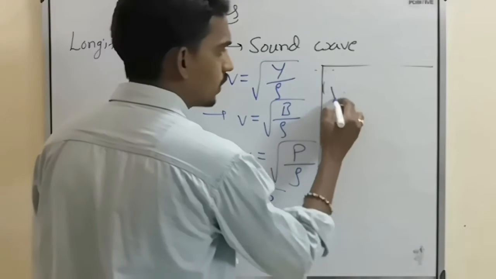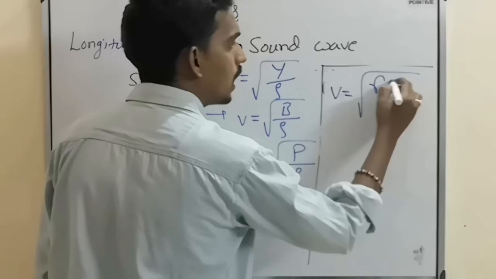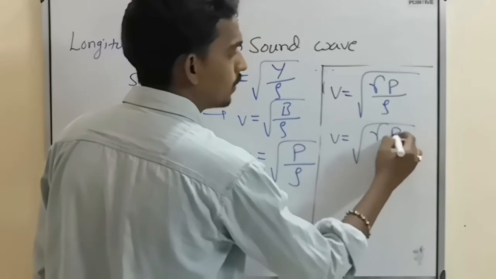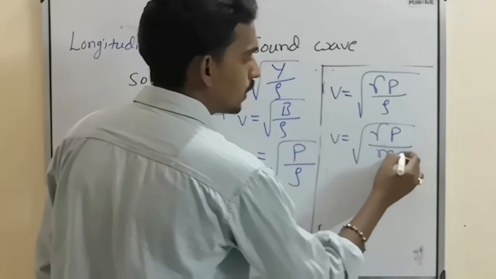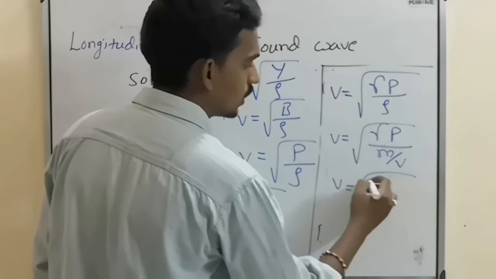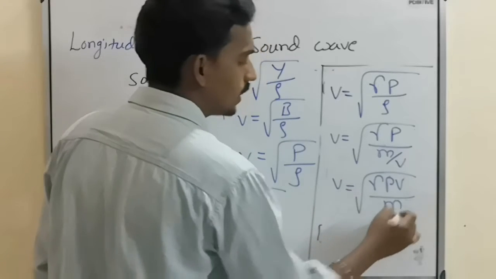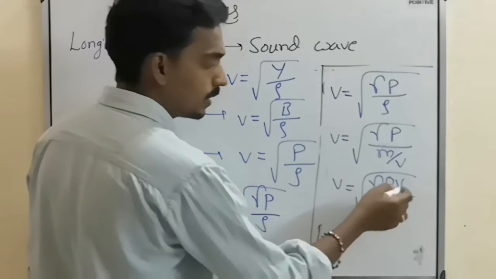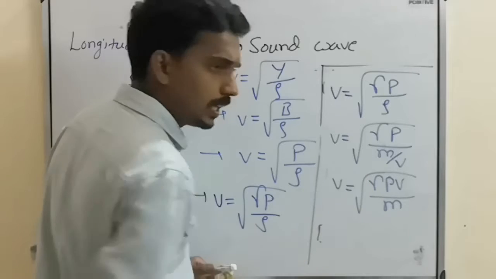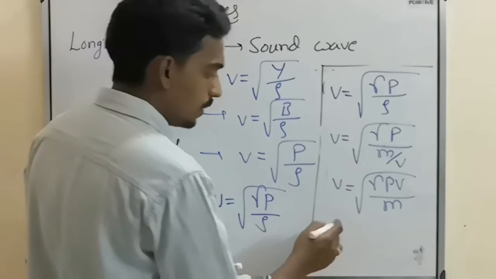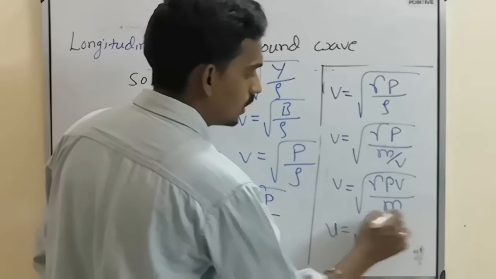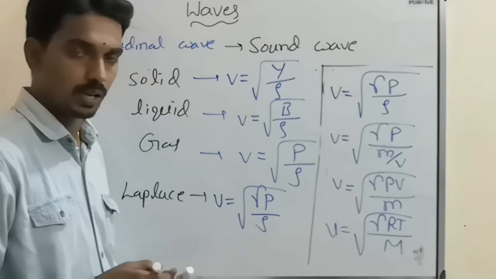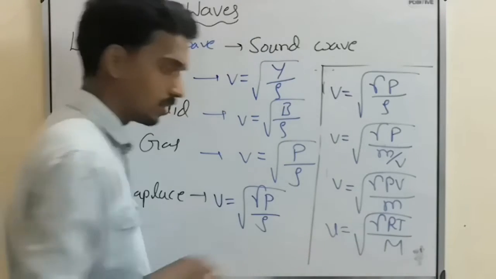Now this equation only, v equals under root gamma P by rho. Rho means mass by volume, so v equals under root gamma PV by M. Then PV equals what? nRT. But for 1 mole, PV equals RT, and the mass is called molecular mass or molar mass.